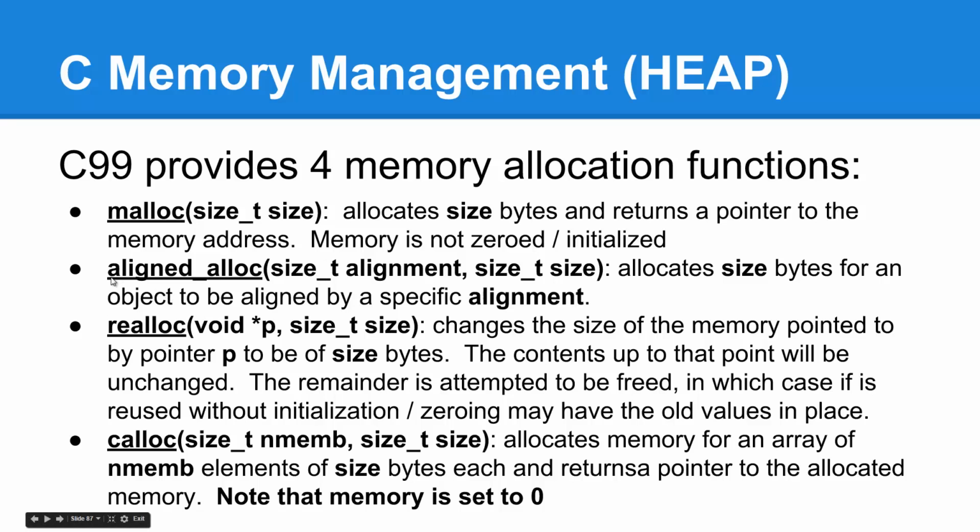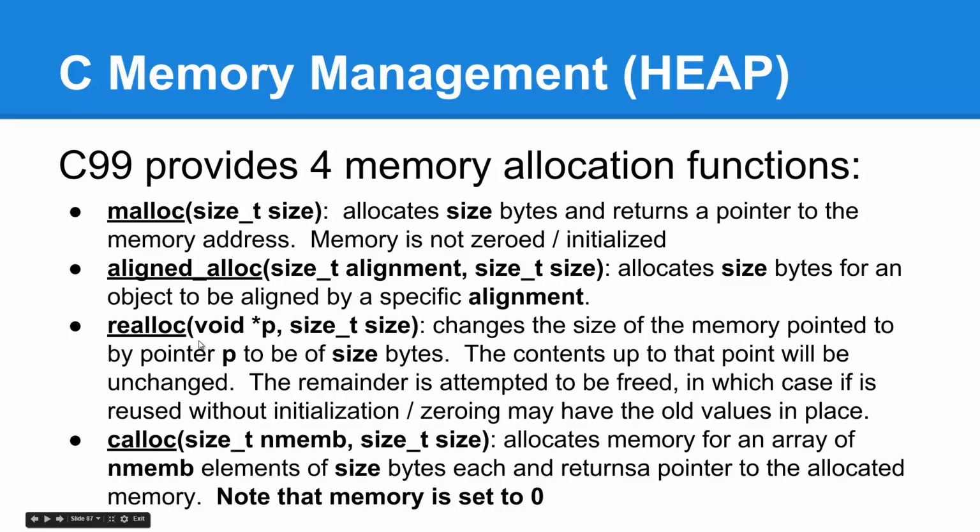There's another one that's less known, aligned_alloc, and that pertains to memory alignment, which is irrelevant on most modern platforms, as processors have been designed to accommodate for when memory alignment issues occur. So most programmers do not need to be concerned with such issues. It's more relevant for embedded platforms and legacy systems.